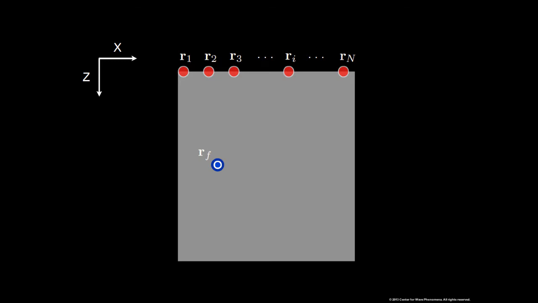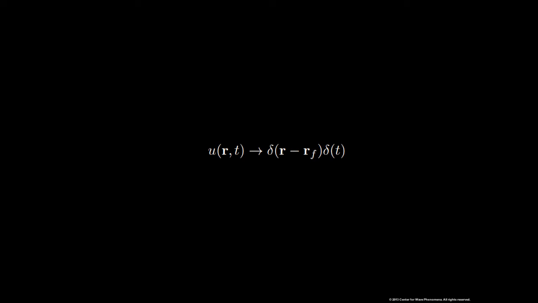Let's say I want to focus at location RF, somewhere inside the medium, and F here stands for focus. So this means that ideally I would want my wave field to be nearly zero at all locations and at all times except for one location and one time, which is the location of the focus, RF, and the time of focus, which we take to be zero.